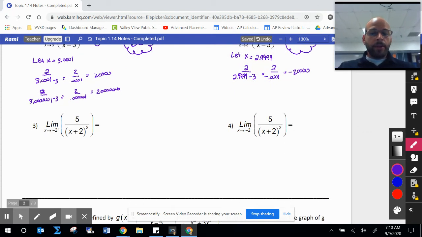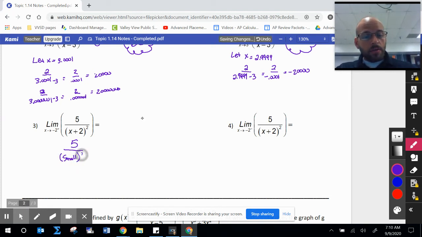So let's take a look at number 3. So if I approach negative 2 from the right, okay, now let's work through this. If I approach negative 2 from the right, I'm looking at a number like negative 1.9999, okay? If I add 2 to that, that's going to give me 5 over an incredibly small value squared, okay?